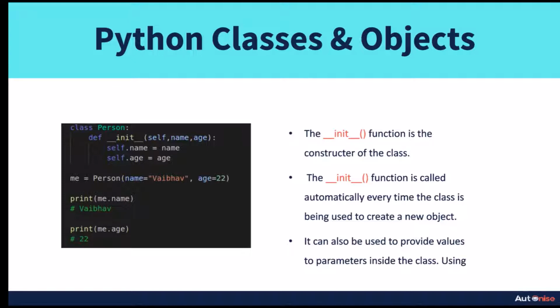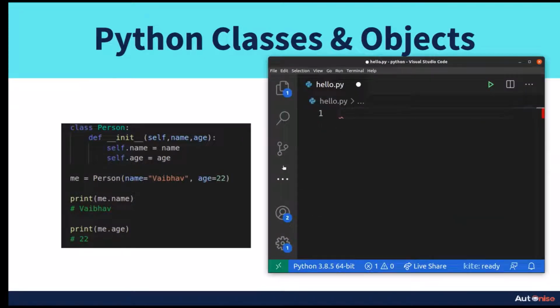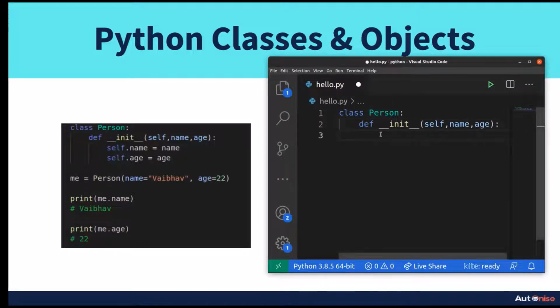Let's verify that with the help of some code here. Let's write class, and this class is named Person. Then we define this init function, and within this init, we have self, comma name, comma age. These are the parameters, and let's try to print name here. Now let's create an object of the class we made.